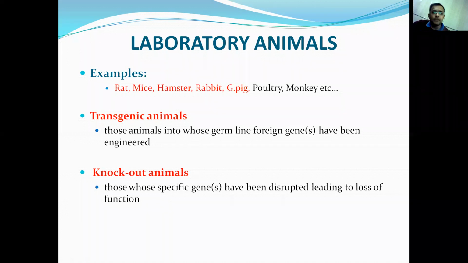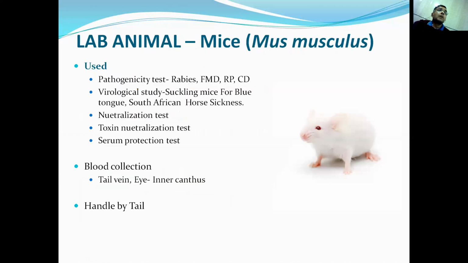And once the function is lost, you can easily correlate that this function is because of this gene. Or sometimes some harmful gene needs to be knocked out so that its effect can be minimized. That is known as a knockout animal. So you must know this difference between transgenic and knockout animals. Now we'll see one by one.